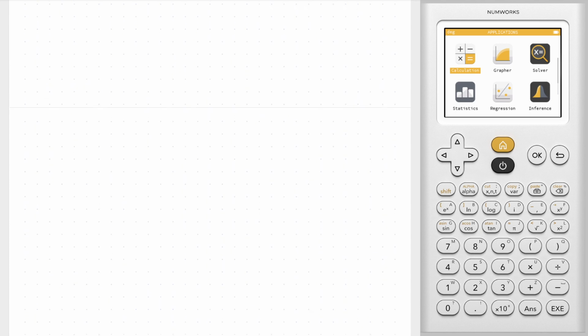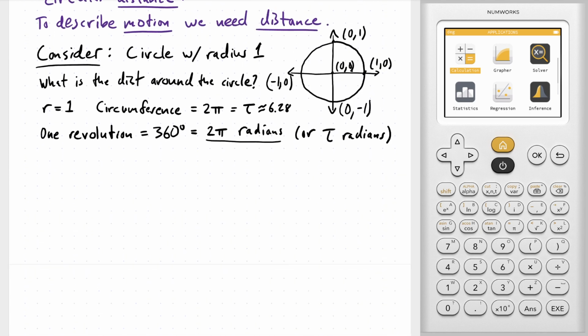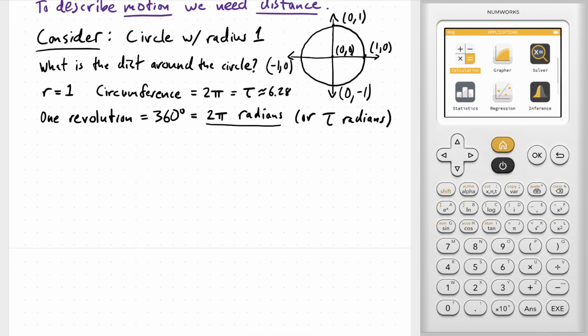Okay, so getting back to our question at hand. As I just stated, 360 degrees is equal to 2 pi radians, and I will abbreviate radians as RAD.